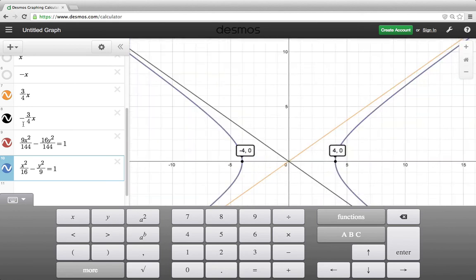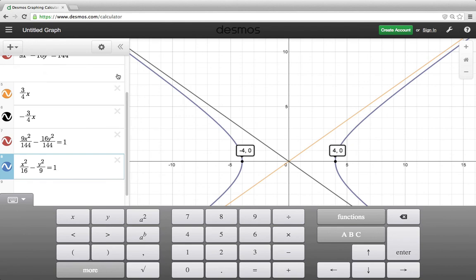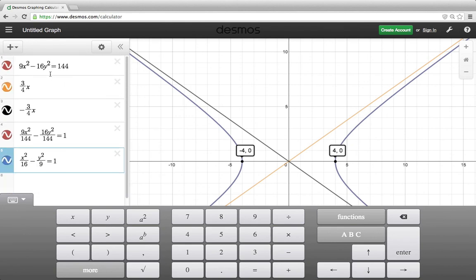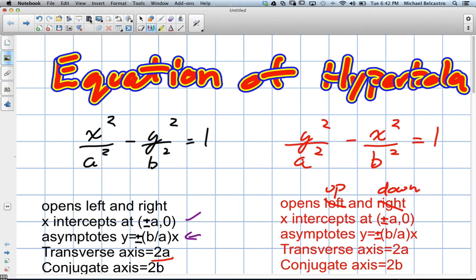So essentially, let's get rid of these ones in between so that we can see. There you go. We can see that we've written it 3 different ways, all of them being the exact same, except that we've written them differently, and these being our asymptotes in this case. Okay, that's good.